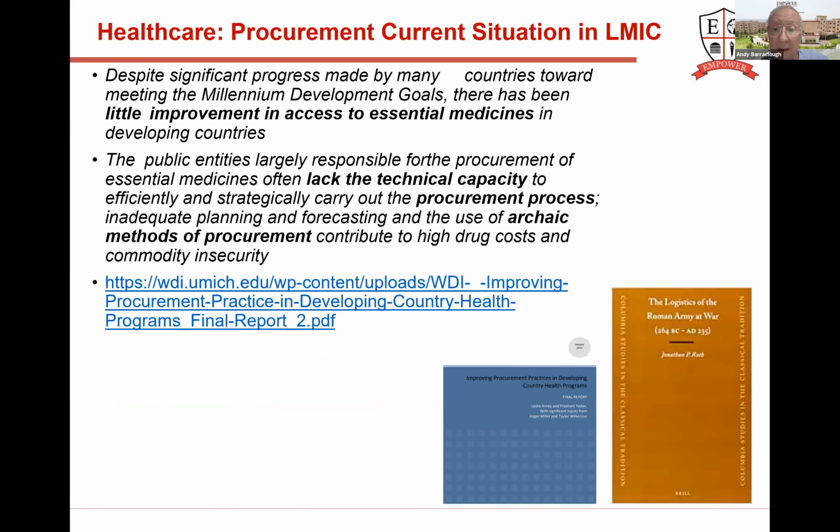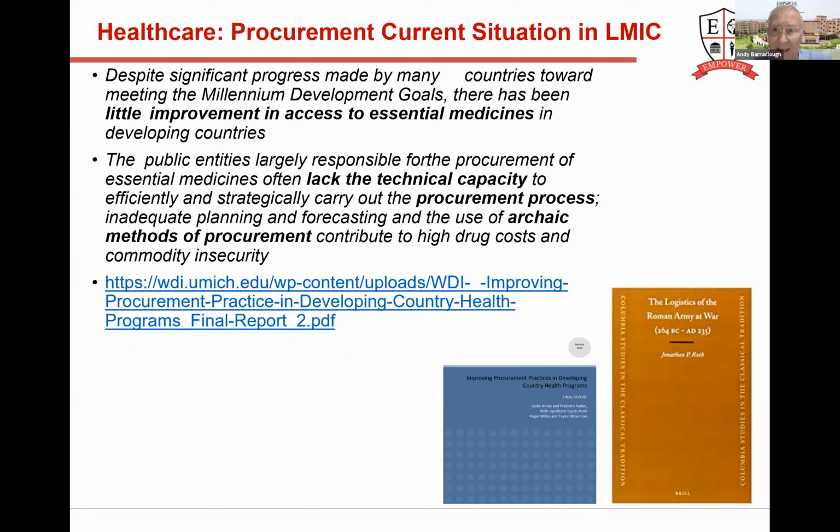If we look at the current situation, we see that it's improving, but it's not that good. Organizations like the Global Fund and the Gates Foundation have spent millions of dollars, and we're not seeing that much better healthcare. We're not seeing that much better results. And part of that is the procurement process is failing.